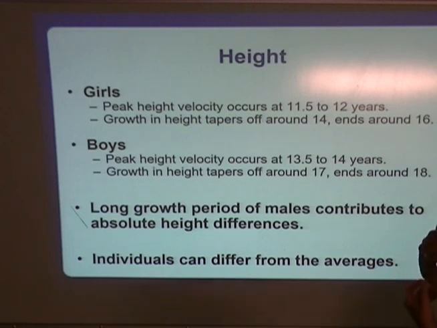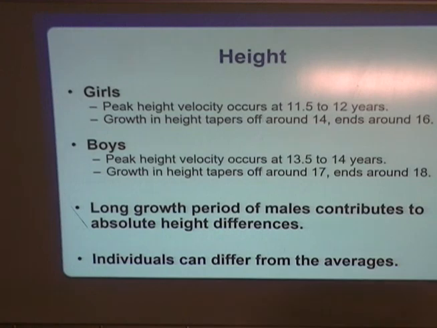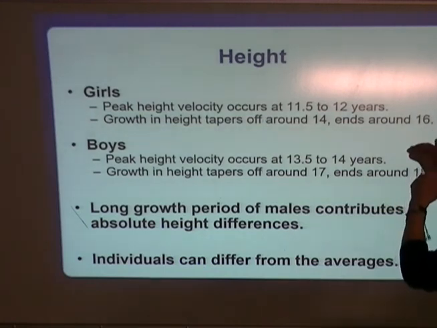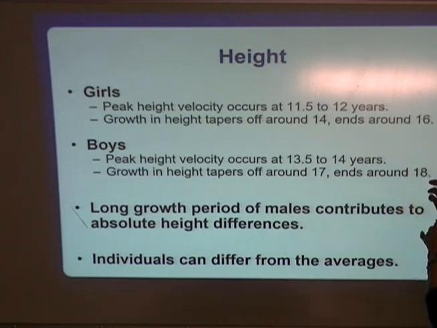Usually occurs around 11.5 to 12, all right? And then her growth in height tapers off from about 14. So by 14, on average, she's not going to grow very much more between 14 and 16. Right? There'll be a little bit, but not a lot. Okay?